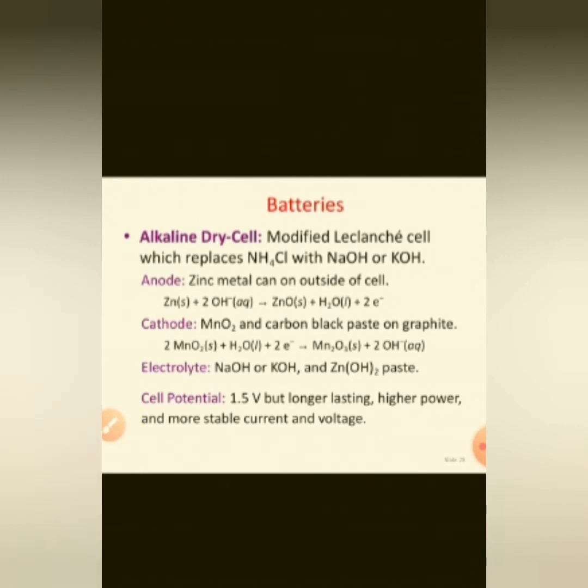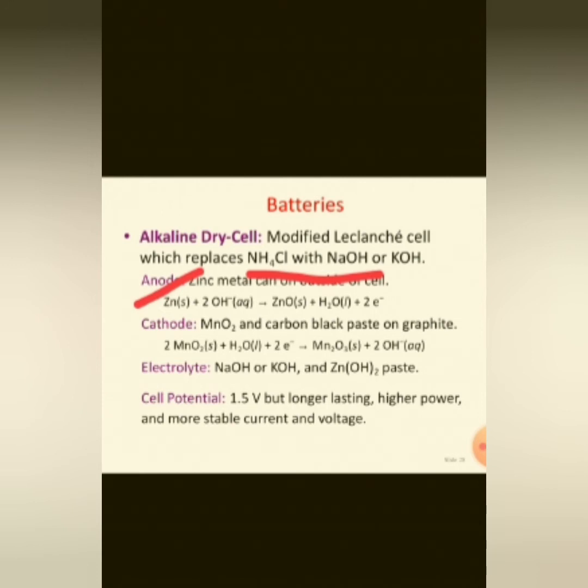The second example of a primary battery is the alkaline dry cell. The alkaline dry cell is a modified Leclanché cell which replaces ammonium chloride with sodium hydroxide or KOH. Here again reactions at each electrode are as follows: zinc plus 2OH minus gives zinc oxide plus water molecule and 2 electrons.